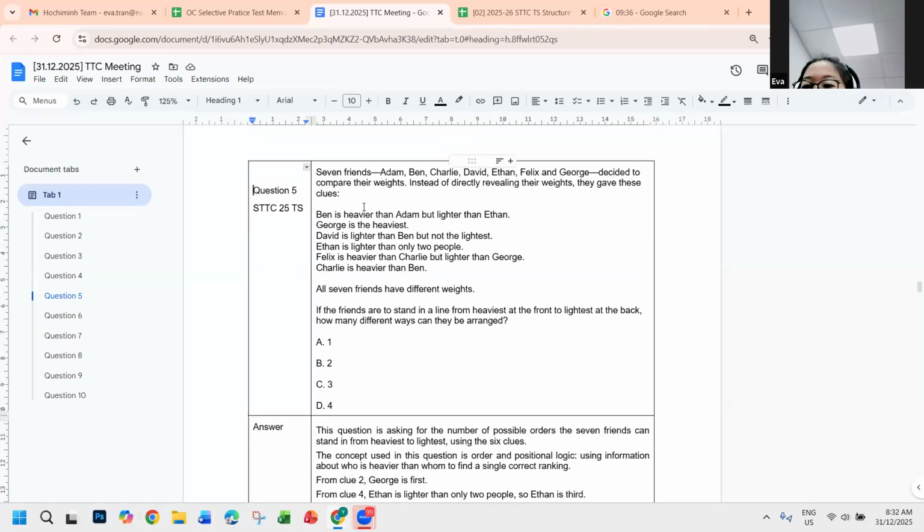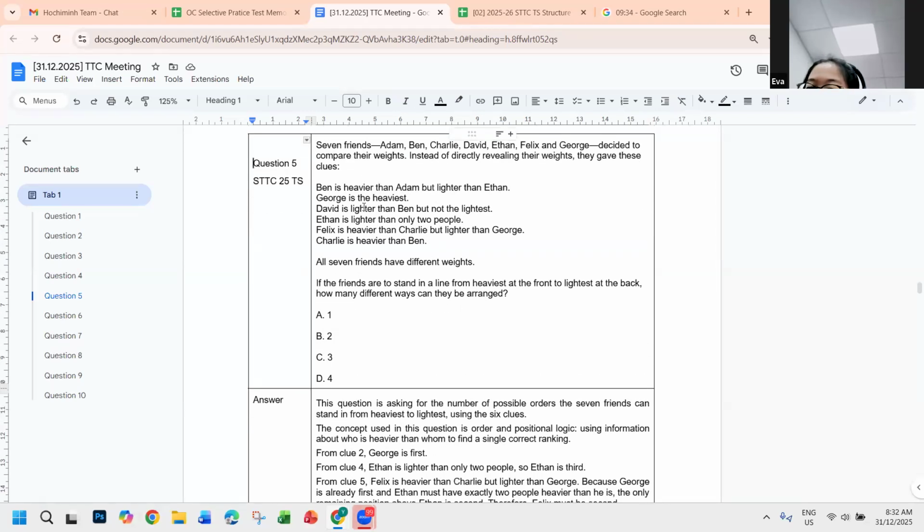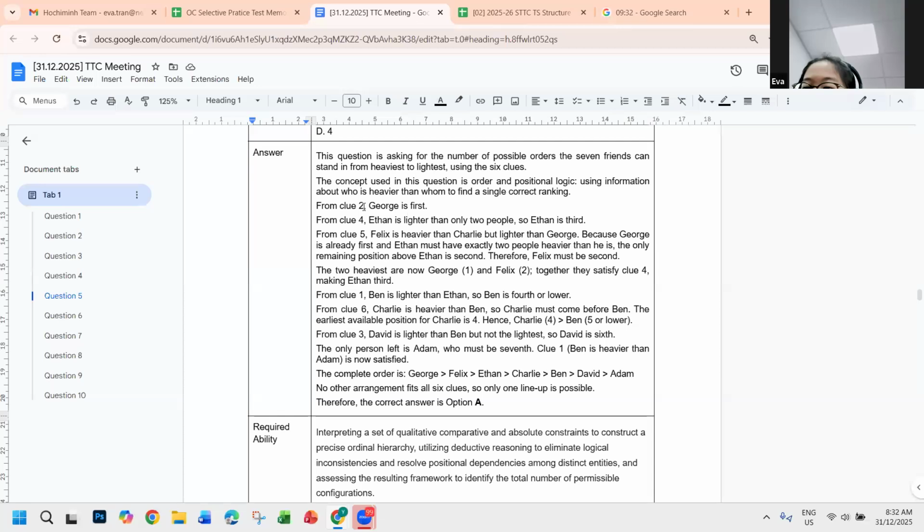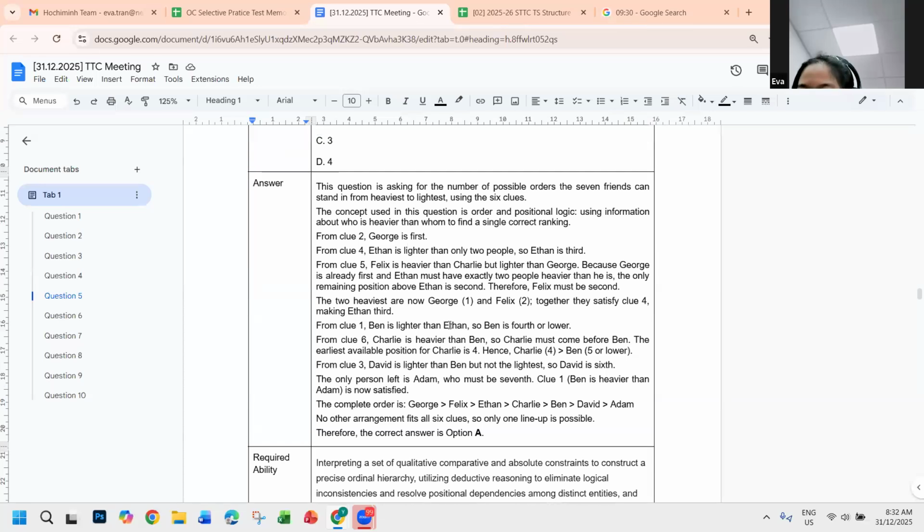And from clue 1, Ben is heavier than Adam but lighter than Ethan. Because Ethan is in the third position and Ben is lighter than Ethan, Ben can be the fourth position or a lower position like position 5, 6, or 7.